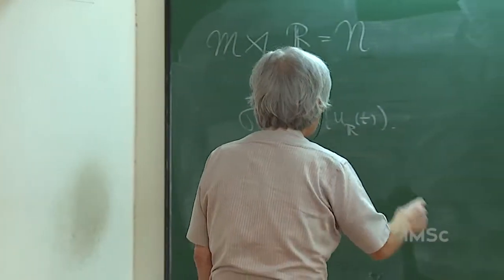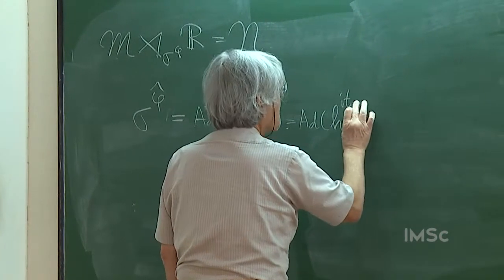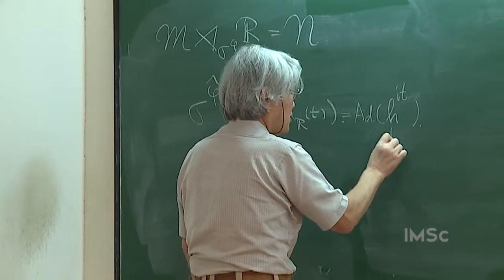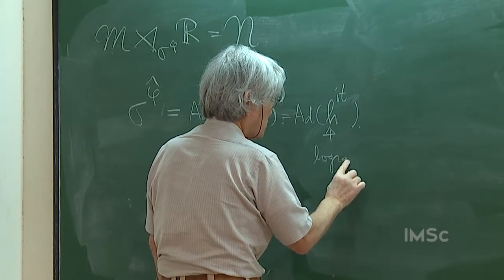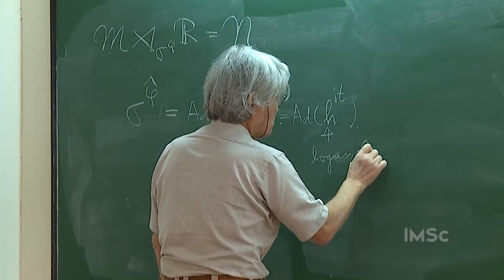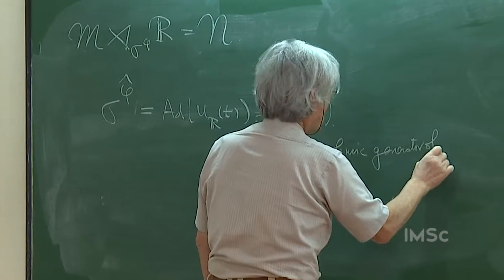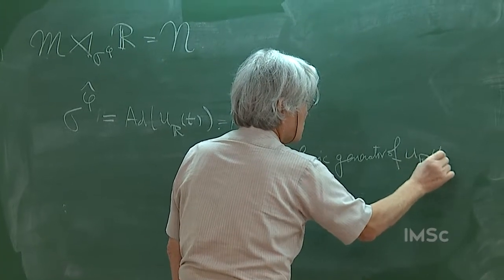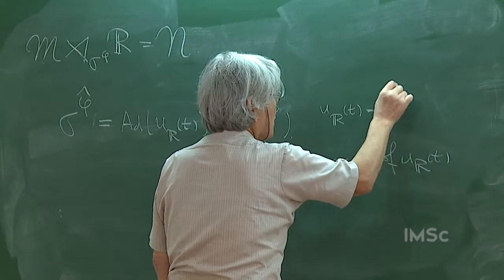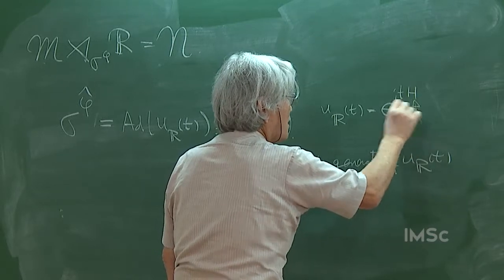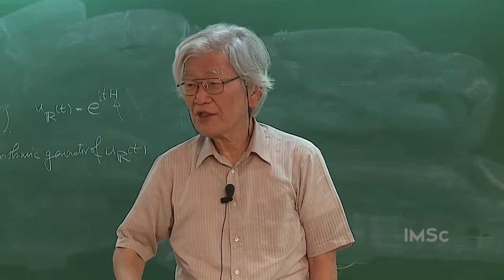And so we write this as Ad of h to the power it, and h is the logarithmic generator of U(t). Writing U(t) in the exponential ith, what is h? h is the derivation, the differentiation of degree 1.